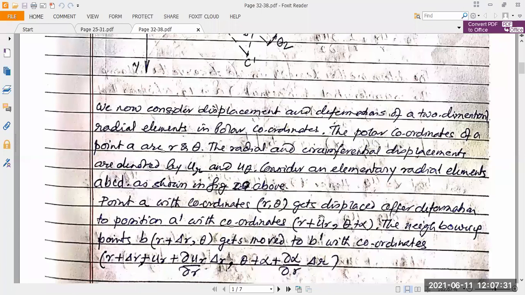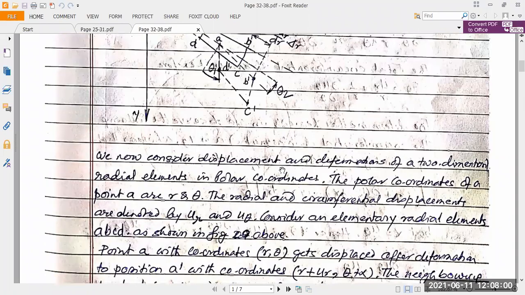Polar coordinates r and theta get displaced after deformation to point A dash, with the radial coordinate changed to r plus u1, and the circular or angular coordinate changed to theta plus alpha. The u1 is the change, alpha is the change. Now, what is the neighboring point?